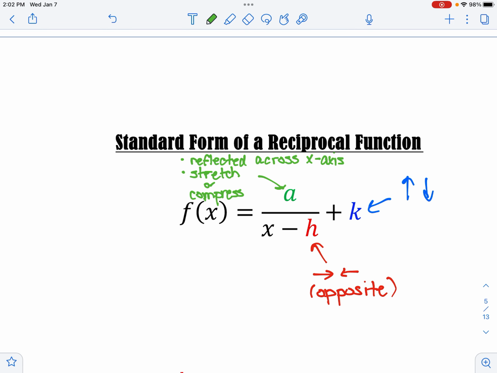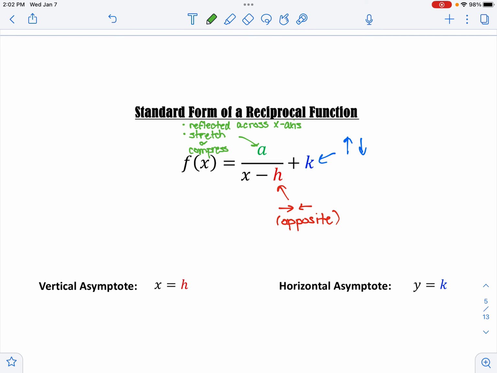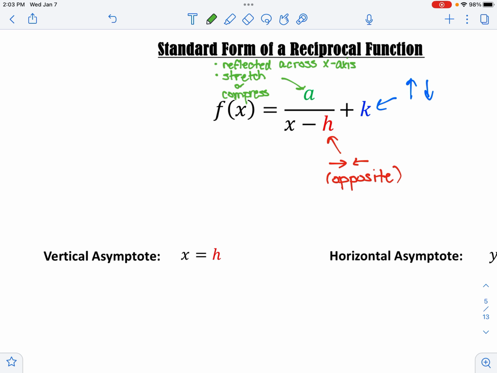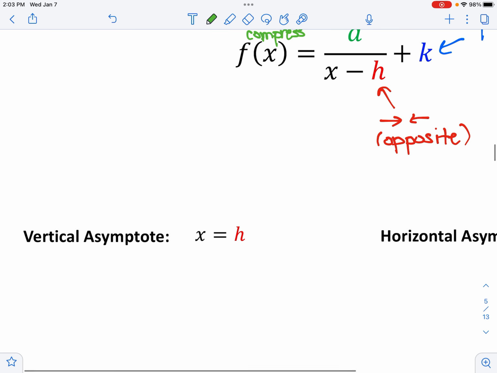Okay, so cool. Also, I can't have the denominator be 0. So I'm going to have a vertical asymptote at x equals h. So for example, let's say down here, I had x plus 4. So then what can x not be? What would make that equal to 0?